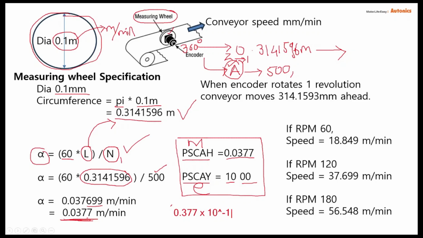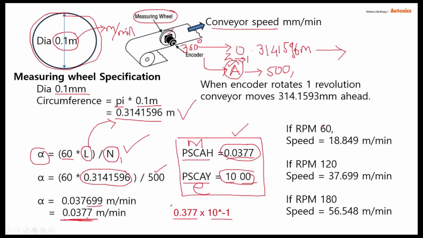When I do the calculation, this is also 0.0377. But here my mantissa will be 0.377 and my exponent will be 10 raised to -1. For simplification, I have just kept the exponent as 10 raised to 0 and my mantissa as 0.0377. So once we enter this, our meter is ready to measure the conveyor speed.